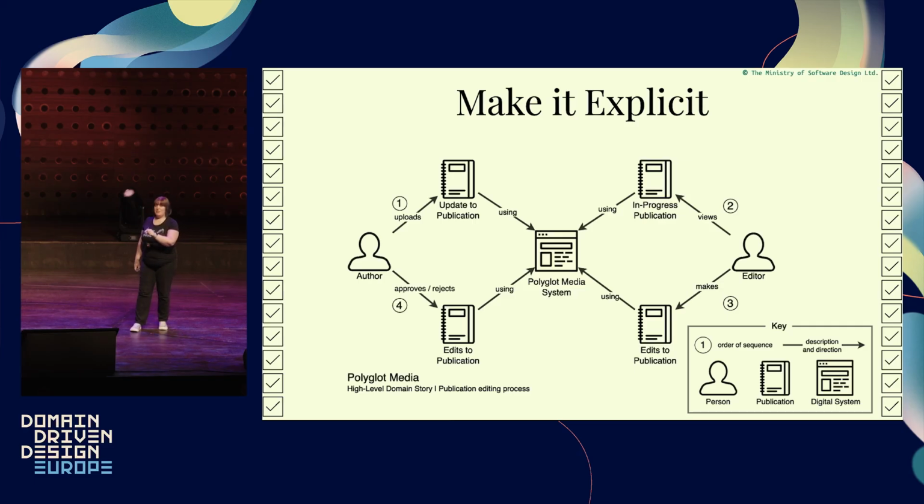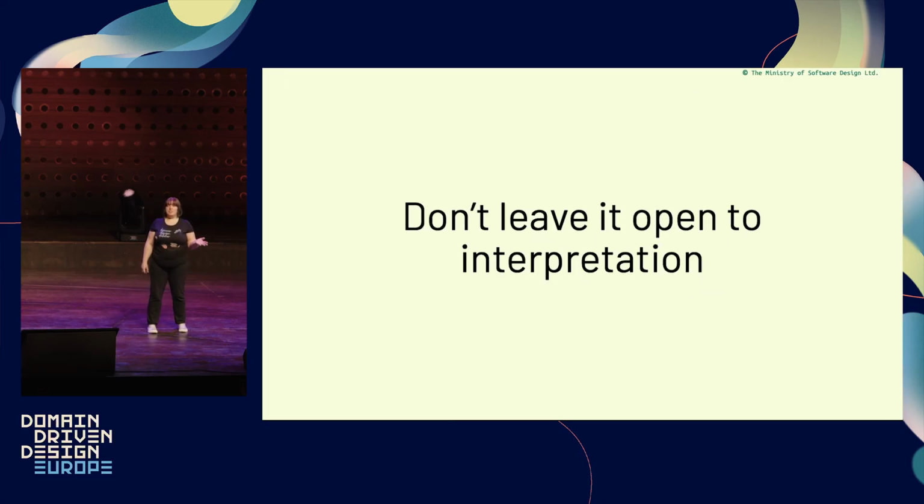Other people might think that it's the priority or something else. People will just make stuff up that they want to see. So really do not leave things open for interpretation, because what we would quite like to get into production is what's in the diagram, not someone's interpretation of what's in the diagram.